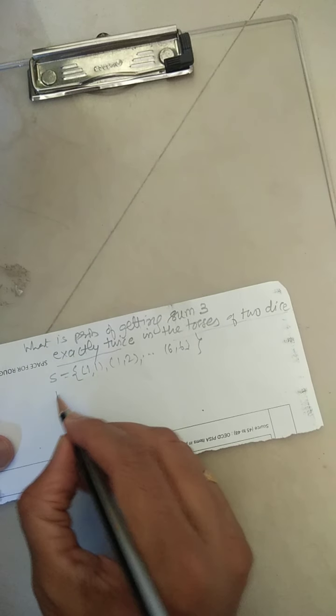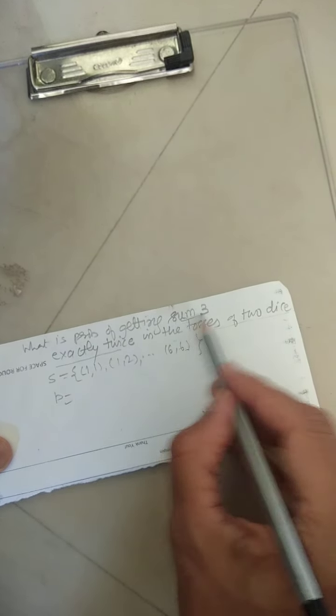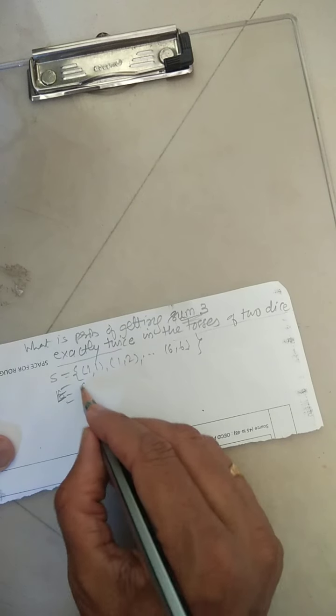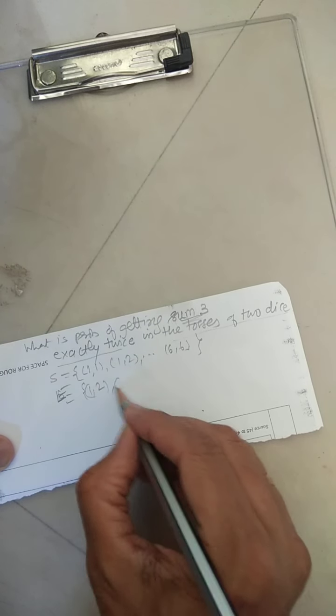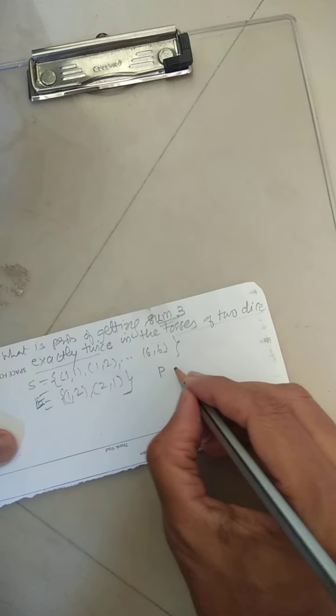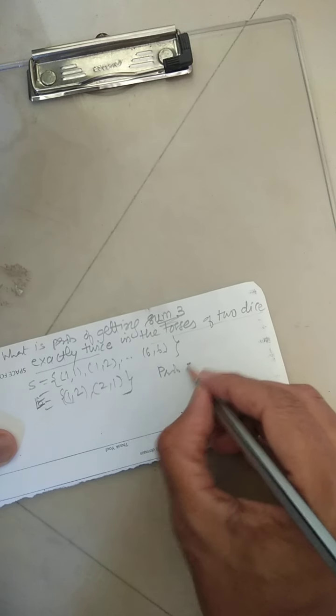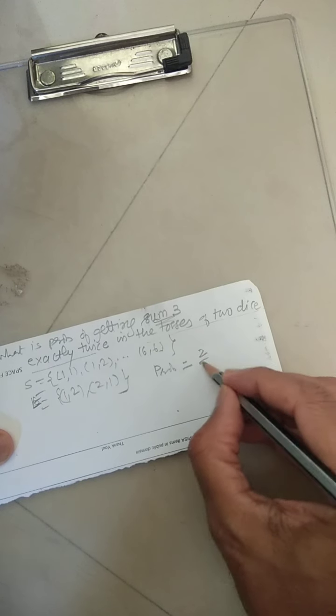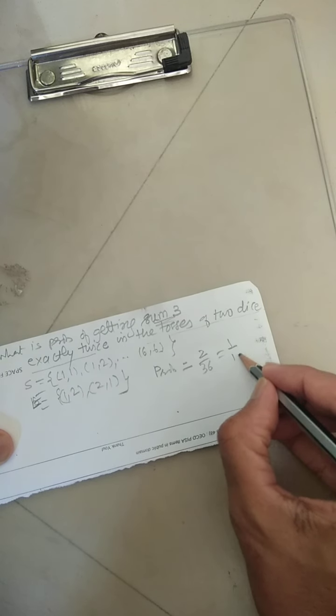Then p, for what event? Sum is 3. So I should write the event first. Sum 3 means 1,2 and 2,1. So what is the probability of the sum? It will be 2 by 36, which can be written as 1 by 18.